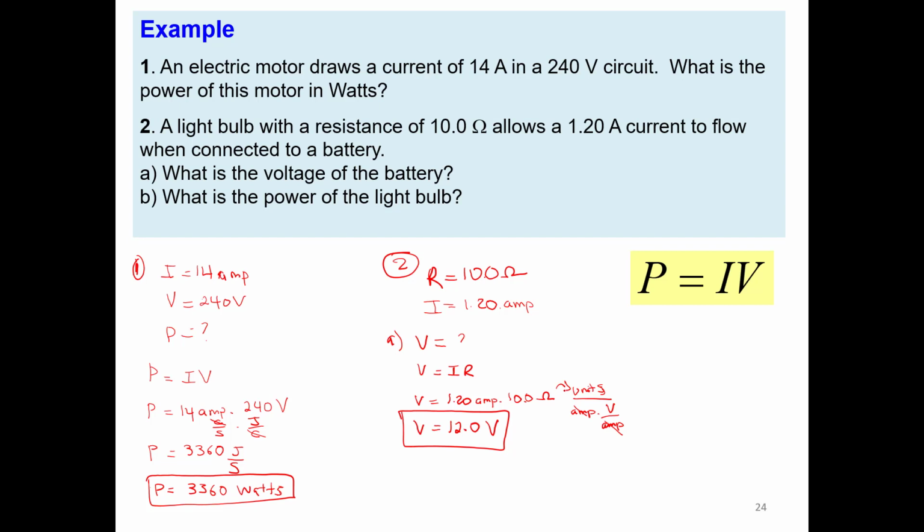Now we need to calculate the electrical power. What is the power of the light bulb? To calculate the power, we need to multiply the current, 1.2 amp, times the voltage, which is 12 volts.